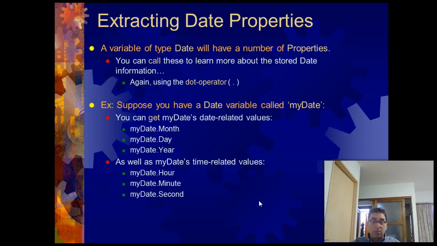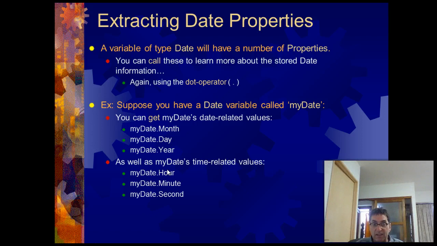So extracting date properties. Remember that we said two screens before that strings have properties, and they also have functions associated with them. So we had a string, it had a Length property, and it had a function Substring.